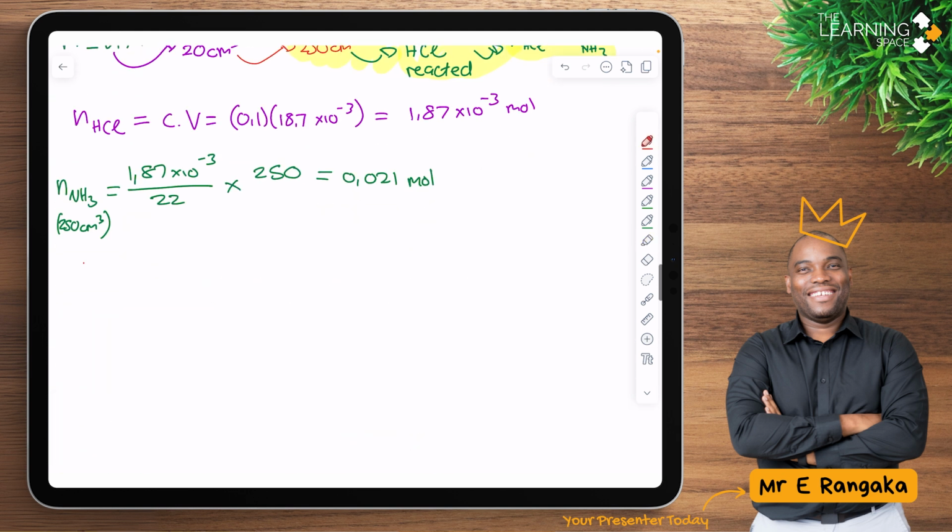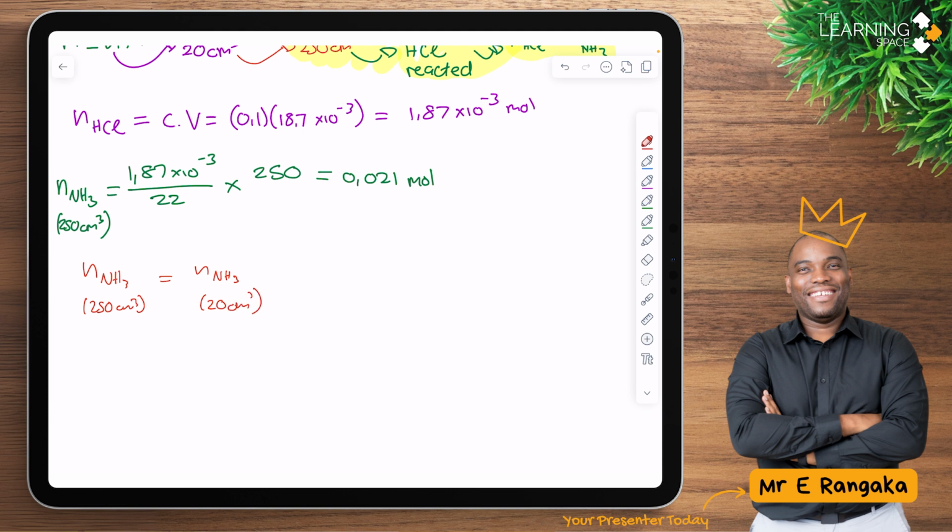So we can say, well, the number of moles of ammonia in our 250 sample is equal to the number of moles of ammonia in our 20 concentrated sample.